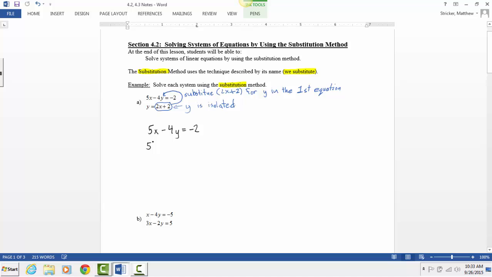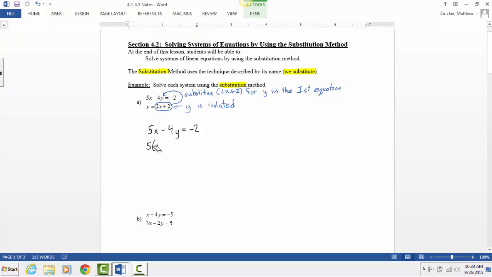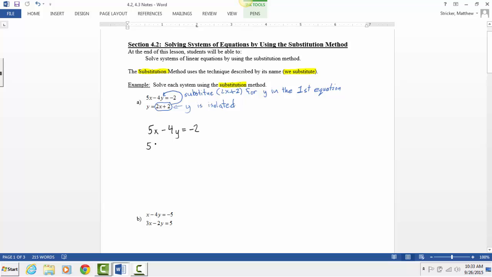But remember that when we substitute, you're always going to want to put those values, or in this case an equation or an expression, in parentheses when we substitute. So this is going to be -4 times y, but we're going to put in parentheses there. What are we putting in place of y? We're putting 2x plus 2, and then it still has equals -2.